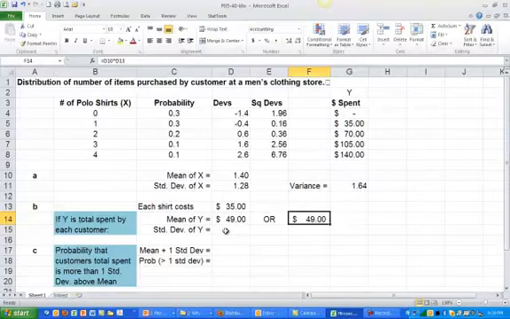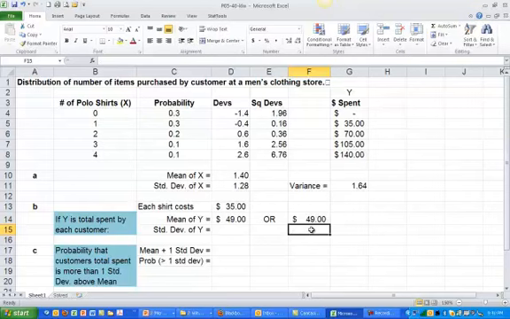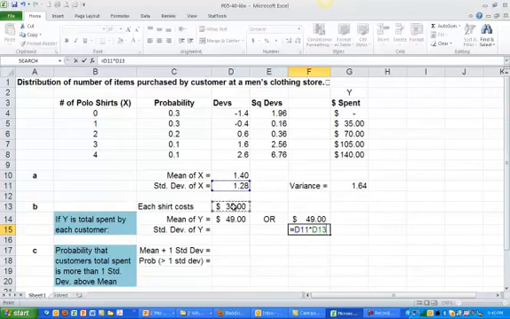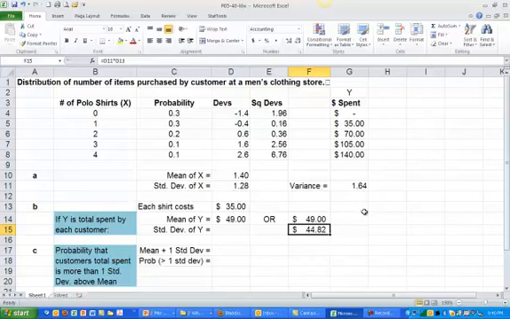So the same thing applies. We could calculate the standard deviation of y the long way, finding square deviations, etc. Or we could use that law of standard deviation once again and say that the standard deviation of my dollars spent would just be my standard deviation of my number of shirts purchased multiplied by, again, that constant $35.